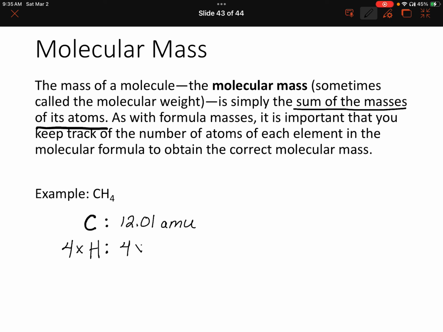So that'll be 4 times 1.008 atomic mass units. And then we're just going to add all of those together. So if we plug that into our calculators, we should get 16.04 AMU. So super easy. It's going to be even easier because we don't have to deal with polyatomic ions and multiple polyatomic ions like we do with some ionic compounds.